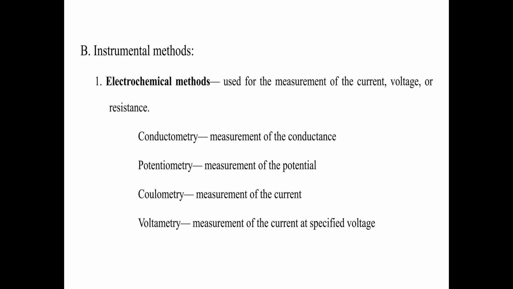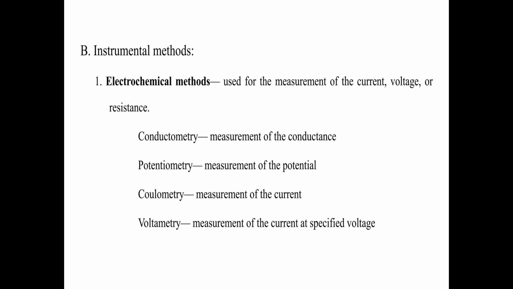So there are two basic types of pharmaceutical analytical methods: classical method and instrumental method. Classical method is divided into gravimetry, titrimetry, and volumetry, but the instrumental method, also known as electrochemical methods, uses current, voltage, and resistance as basic parameters for the determination of concentration, purity, and so on.